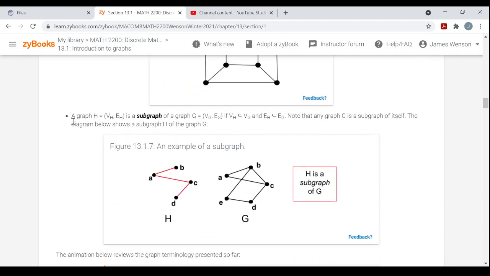Now, another definition. Right, lots of definitions in this first section.